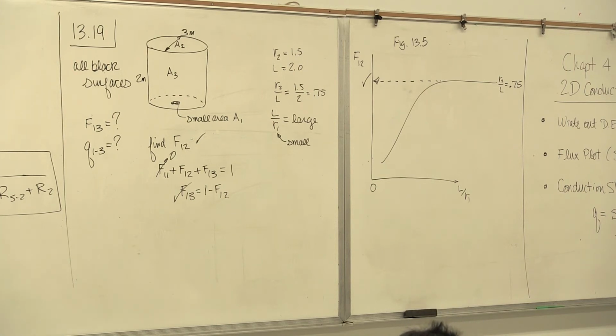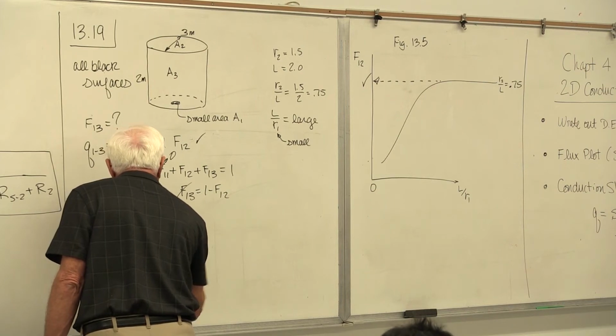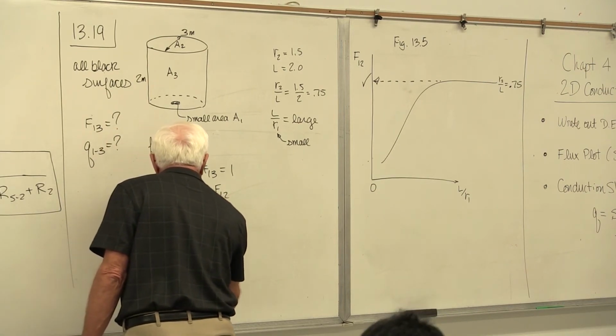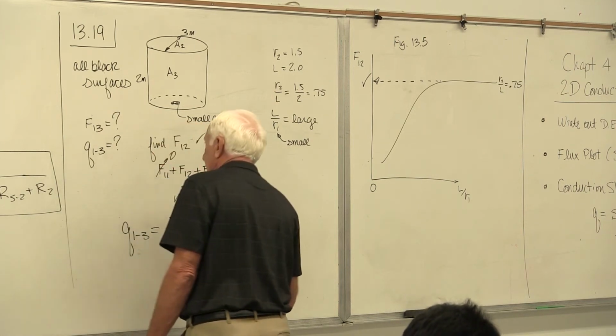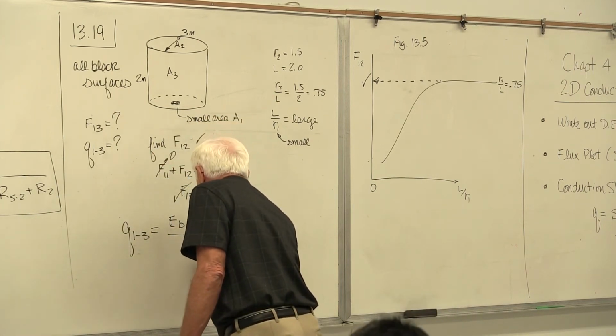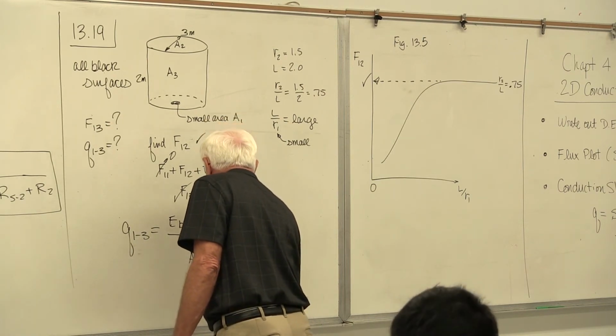Okay, Q13 equals EB1 minus EB3 divided by 1 over A1 F13. Excuse me, this should be a 3.